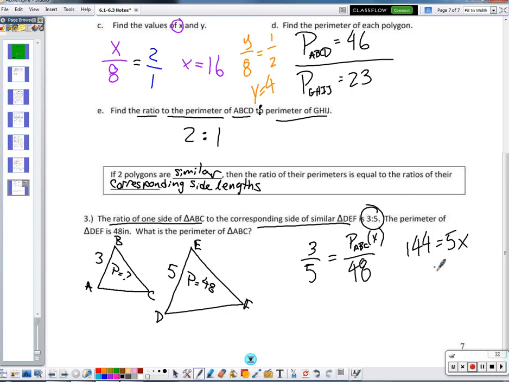That's the perimeter of my other triangle. Good catch. What are my units? Inches. Always look through your problem and try to find the right units to match up.